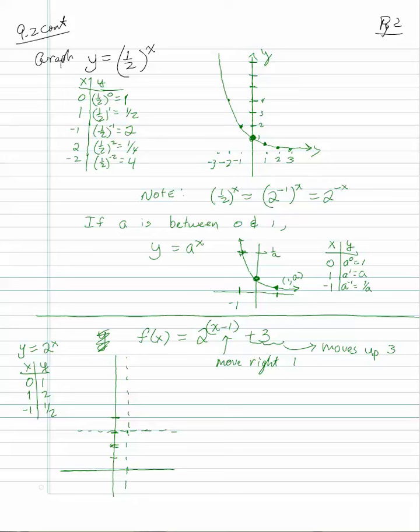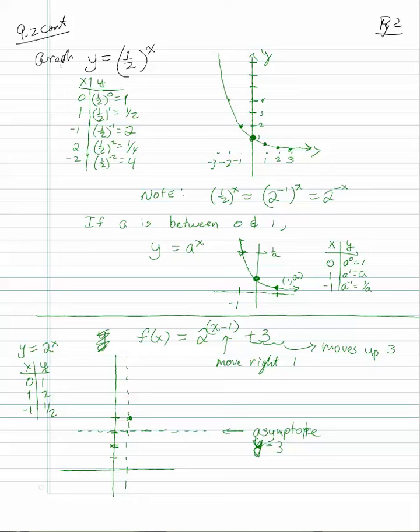I'm going to do 0, 1. This is going to be the asymptote. Y equals 3, because I'm taking the x-axis, moving it up 3.